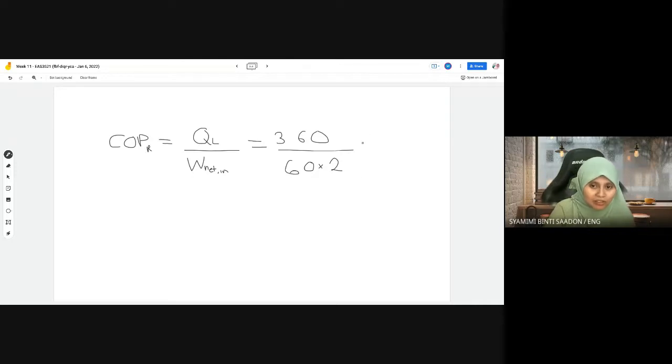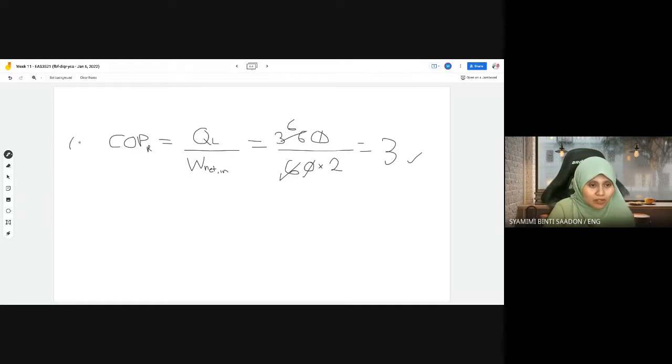So 360 over 60 over 2 gives 3. So the coefficient of performance is 3. Remember, coefficient of performance can be higher than 1. Thermal efficiency cannot be higher than 1, but coefficient of performance can.